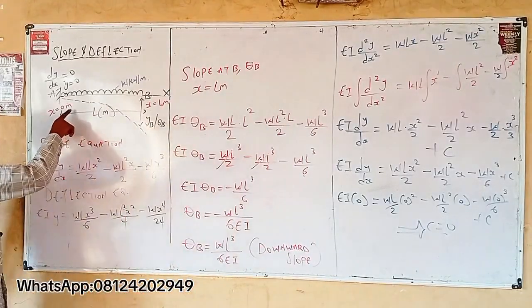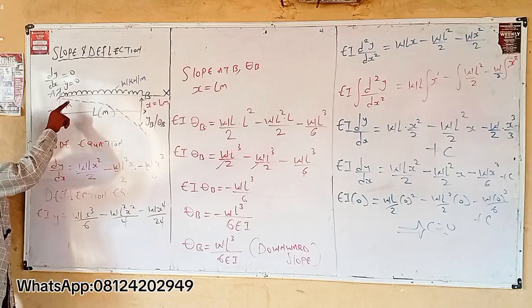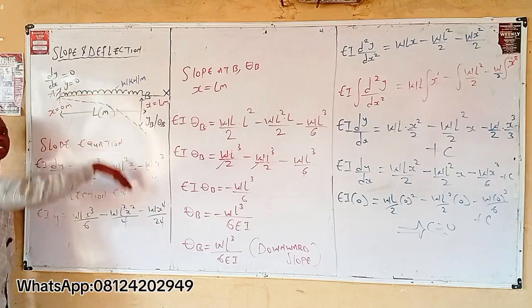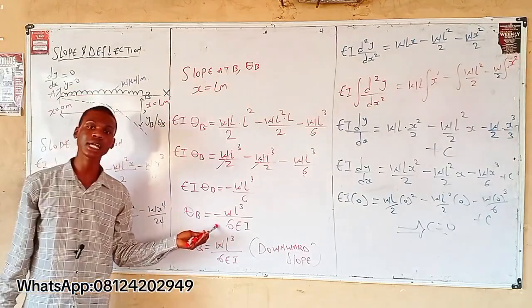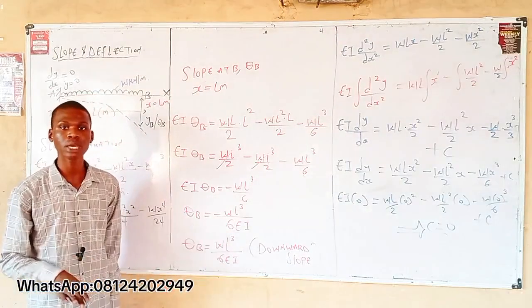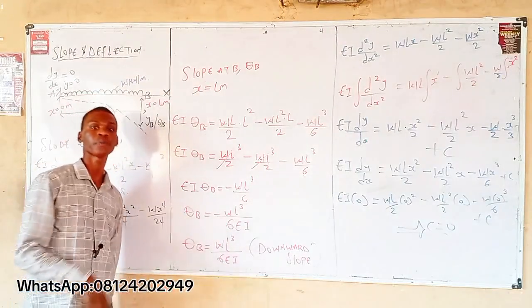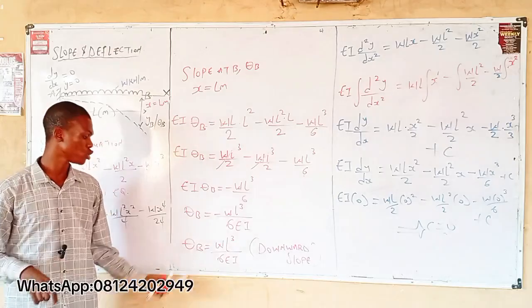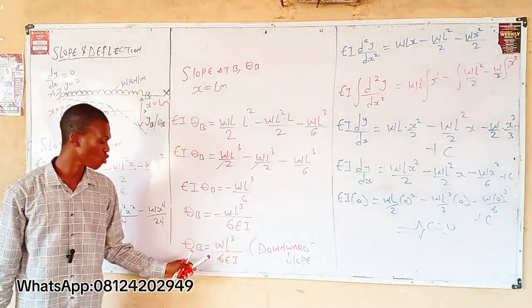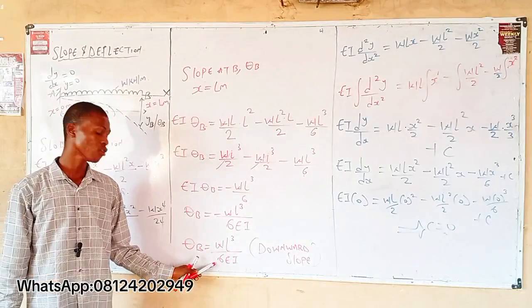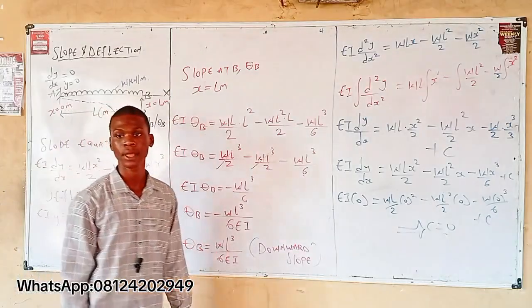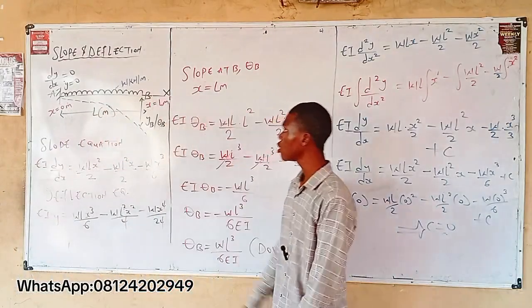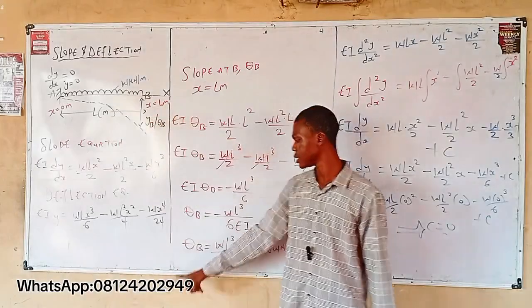And clearly you can see that from here. How is this beam deflecting? It is deflecting downward. So this negative sign shows that your beam, the slope is coming down. But the magnitude is what? WL cube over 6 EI. Are you getting me? So the slope at the free end, this is it.